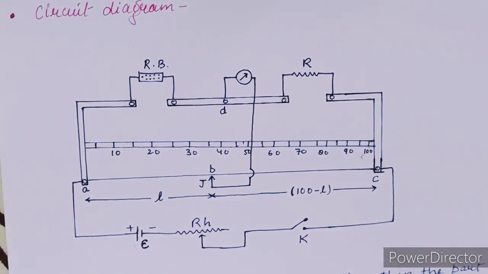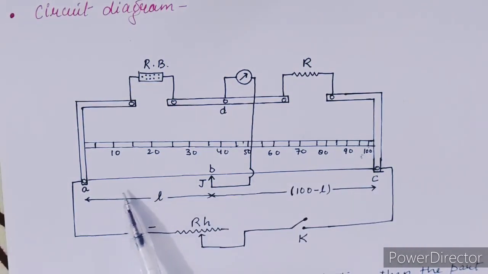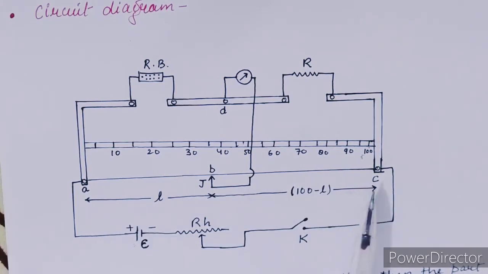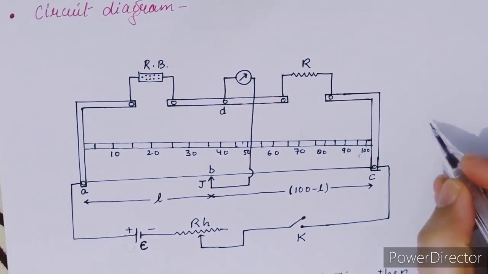First we are discussing the construction. A 1 meter long constantan or manganin resistance wire is stretched between two screws A and C. This wire is made up of which material?